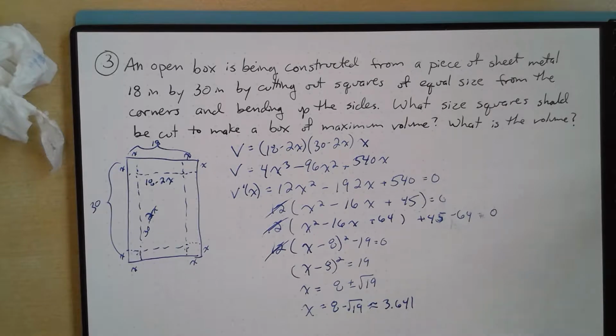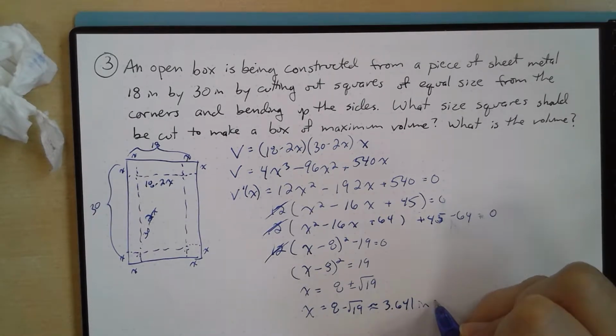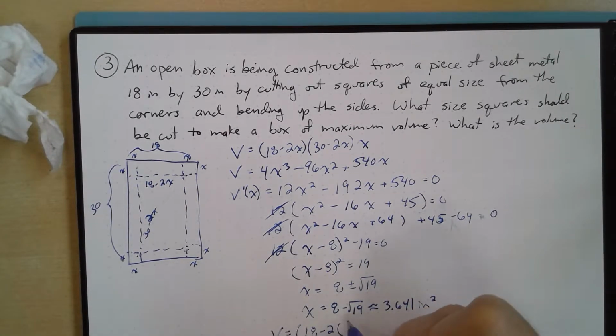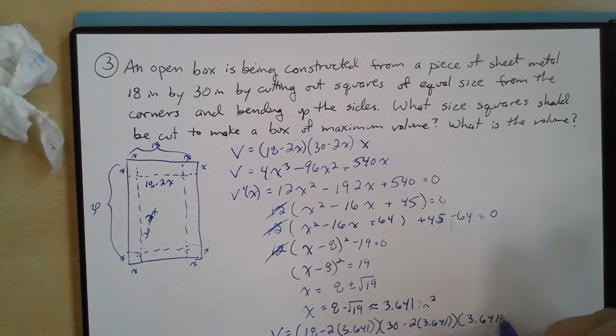The square is going to be 3.641 inches squared, right? And so our volume is going to be equal to 18 minus 2 times 3.641 times 30 minus 2 times 3.641 times 3.641.